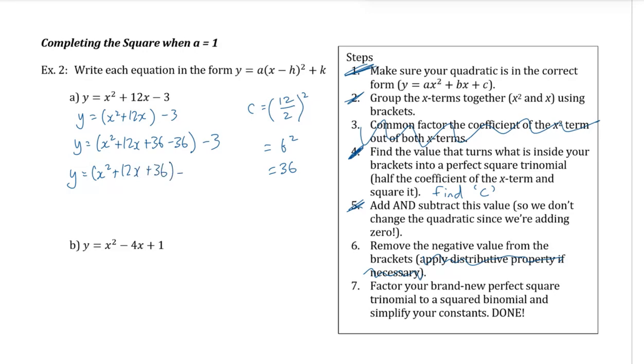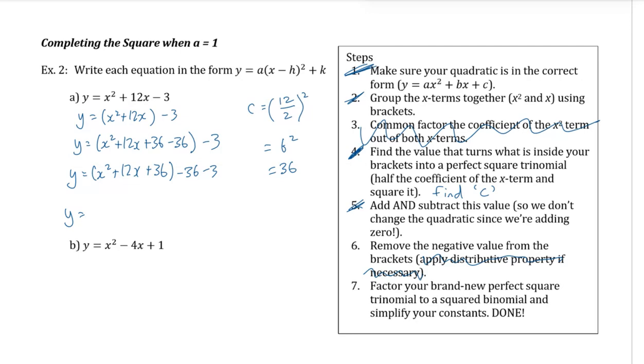Pull the negative outside. It's always the negative 1. Always, always, always the negative 1 that you pull out. Factor your perfect square trinomial that we created. I'm going to factor that like we did in the previous example and add those constants together.